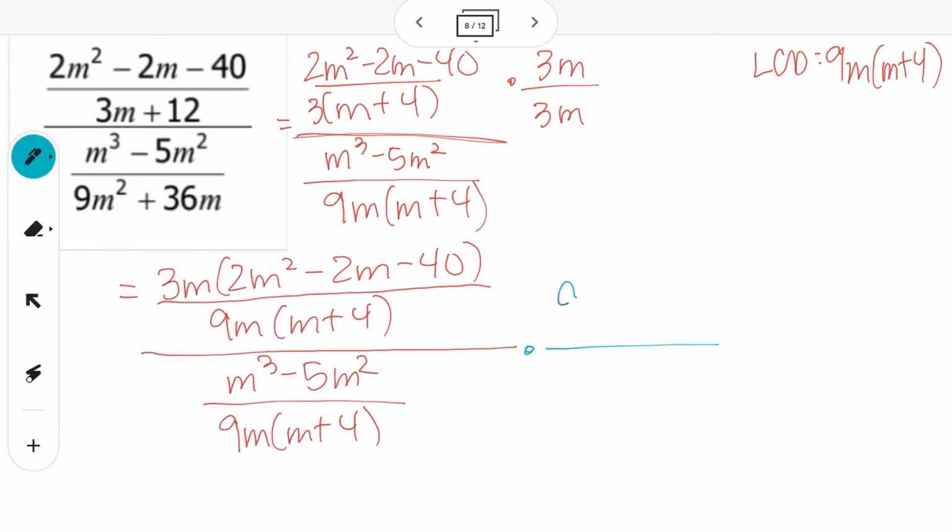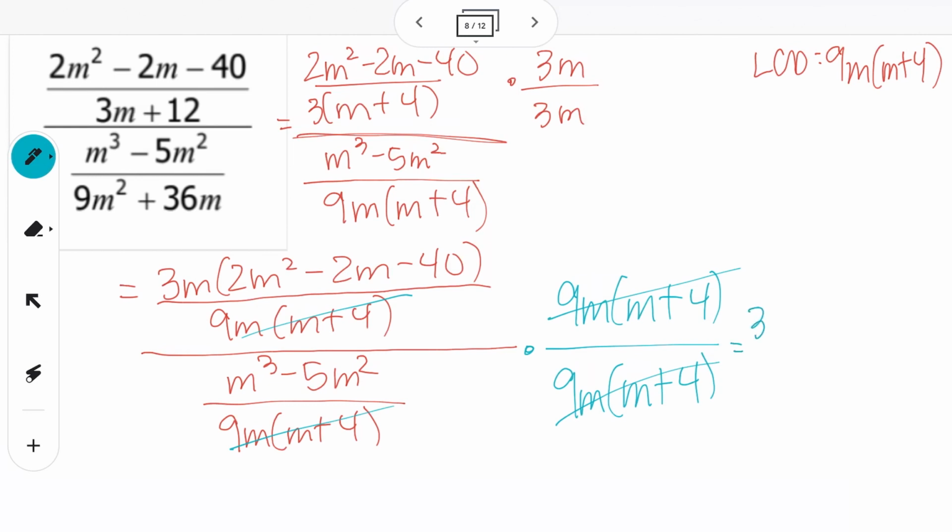Switching to the big fraction, you're going to multiply the top and bottom by that LCD because it is going to cancel out your little denominators. And I'm going to be left with 3m times 2m squared minus 2m minus 40 over m cubed minus 5m squared.